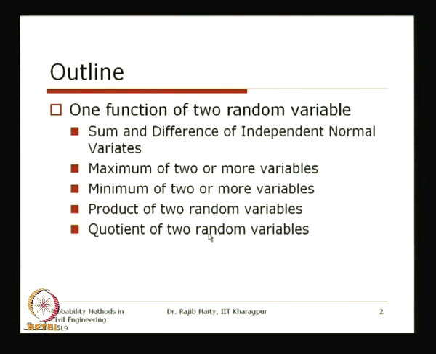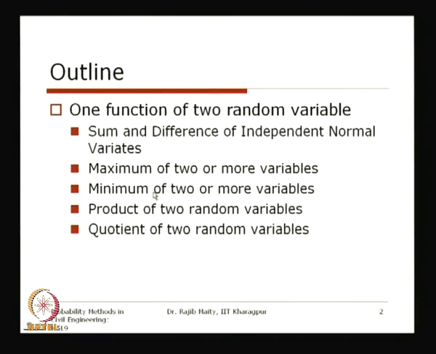This may not be the complete list of functions that we can consider out of two random variables. There could be other functions as well, for example the summation of squares, X square plus Y square. The properties of that type of function can also be estimated.